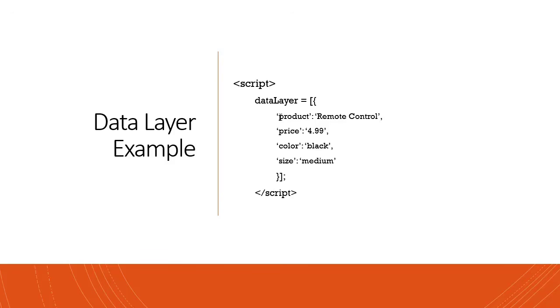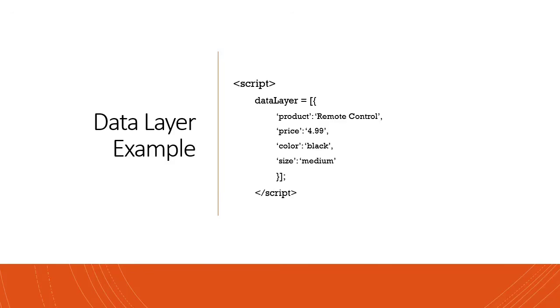So key is the product. You can call it whatever you want. Just be consistent in your naming. Remote control, that's the value of that product. Price, the value of the price. Color, the value of the color. Size, the value of the size. All these values will then be available for the tag manager to use. This is a simple example of a data layer.